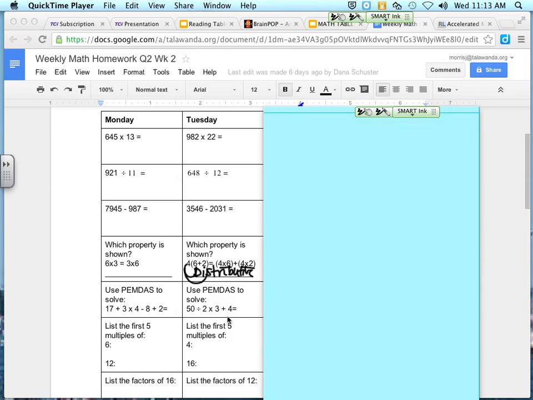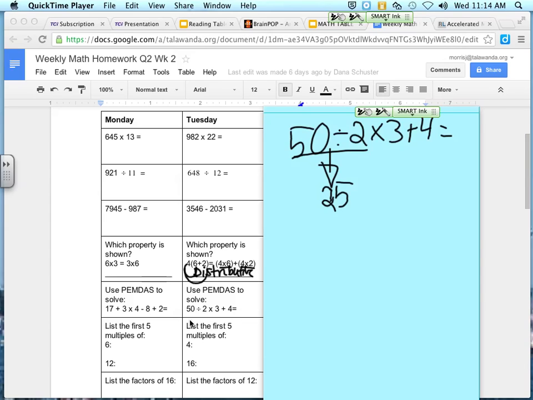And who did I say to do order of operations? Caitlin, come on up. You should be looking at your homework, please. So the first step that Caitlin is doing is 50 divided by 2.